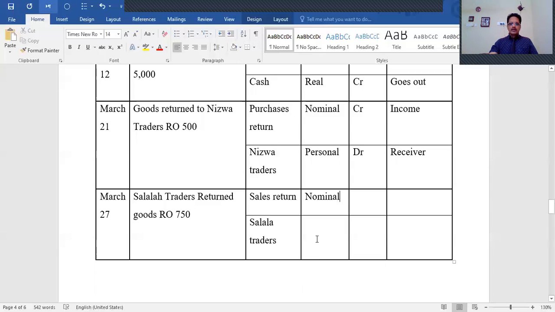Then Salala Traders is an account receivable, which you call sundry debtors or accounts receivable. But here we have to explain three accounts: personal, real, nominal. So it is a personal account.